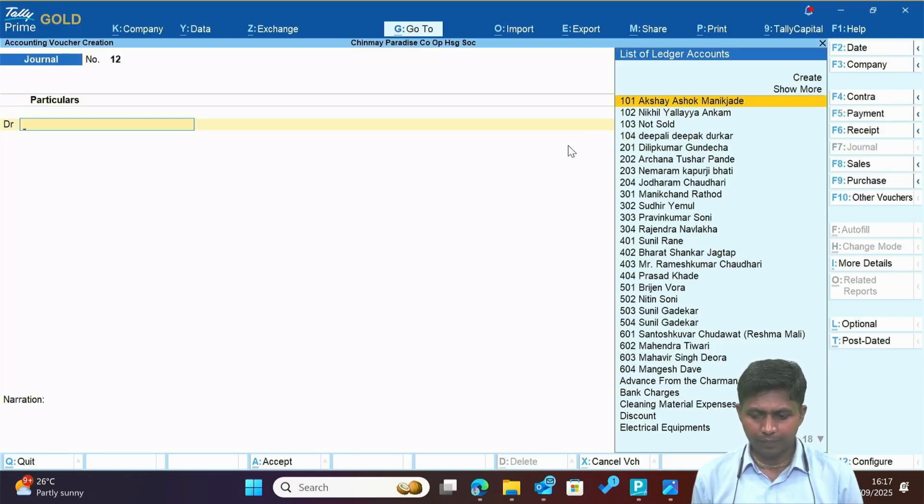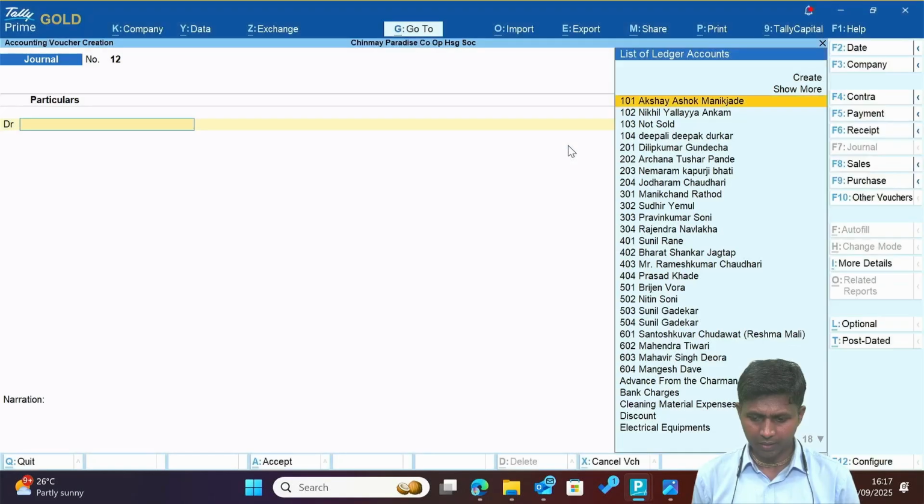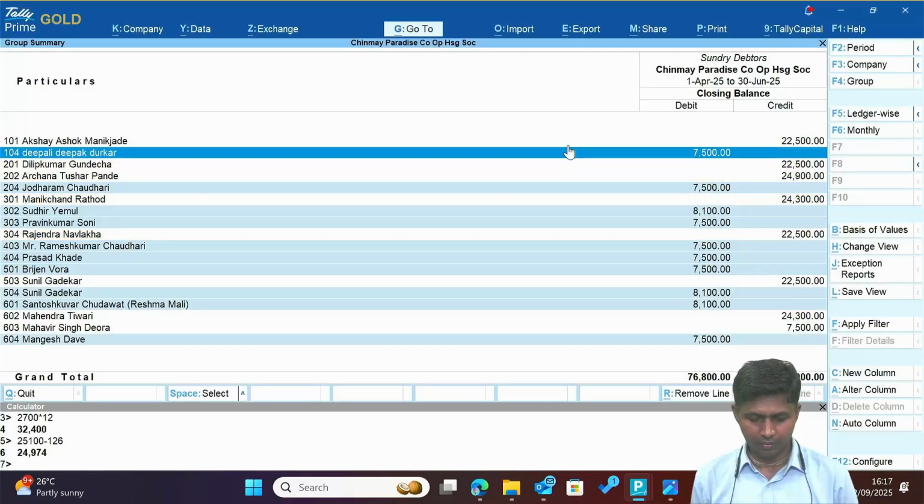Now penalty, and then members account. Now all members account, these members account debit to penalty. Penalty is income for the society, therefore you must give credit to penalty, not debit.